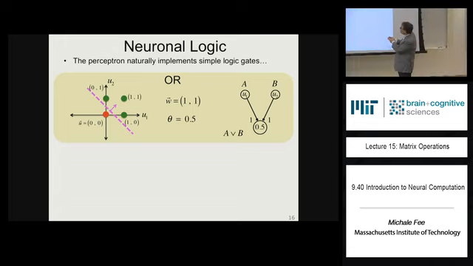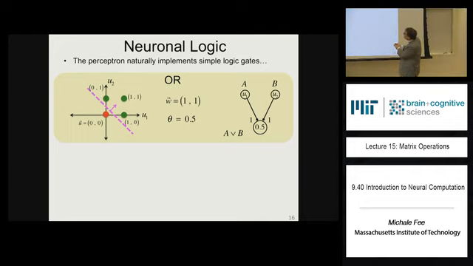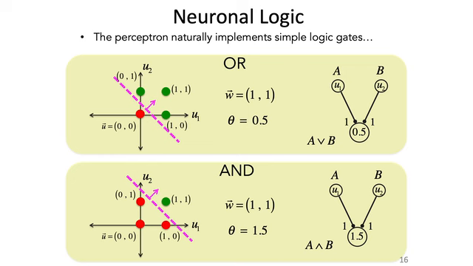So all we have to do is move this line up to here. And now one of those inputs is not enough to make the output neuron fire. The other input is not enough to make the output neuron fire, only when you have both. Okay? So that implements an AND gate. We just increase the threshold a little bit. Okay? Does that make sense? So we just increase the threshold here to 1.5.